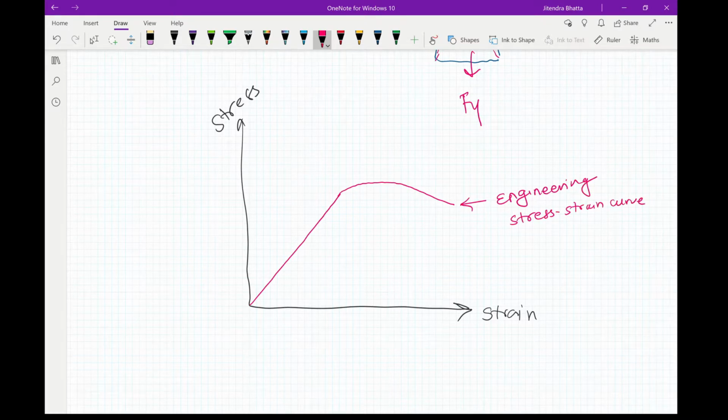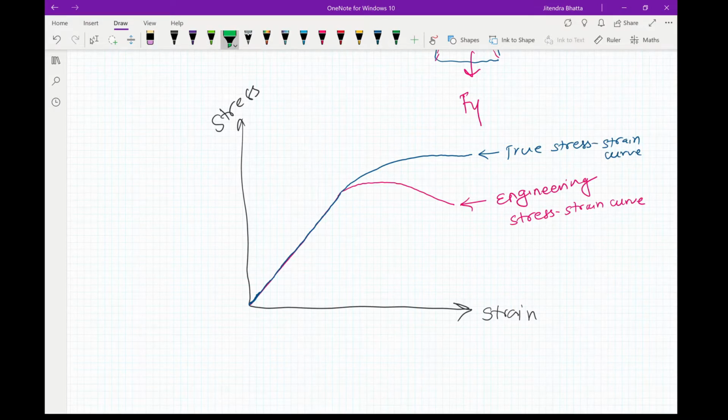Now when you plot our true stress strain curve, then in the beginning, in this region here, it will overlap, and then it will go something like this. This is our true stress strain curve.